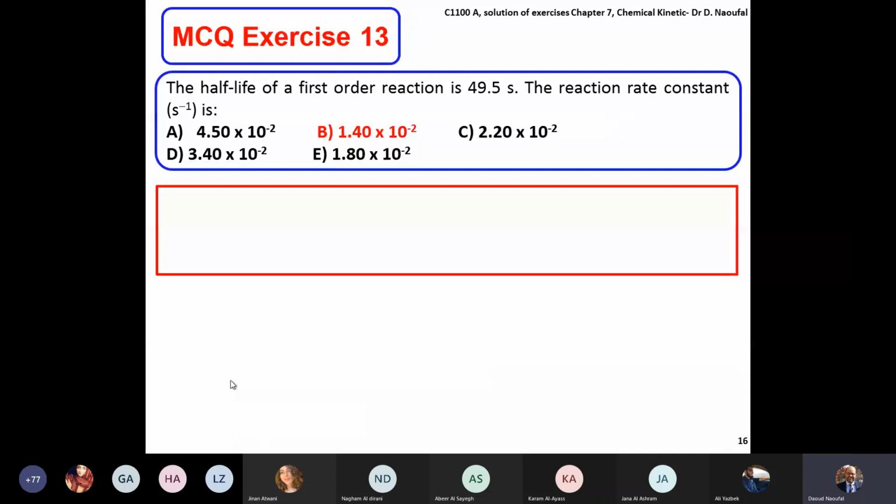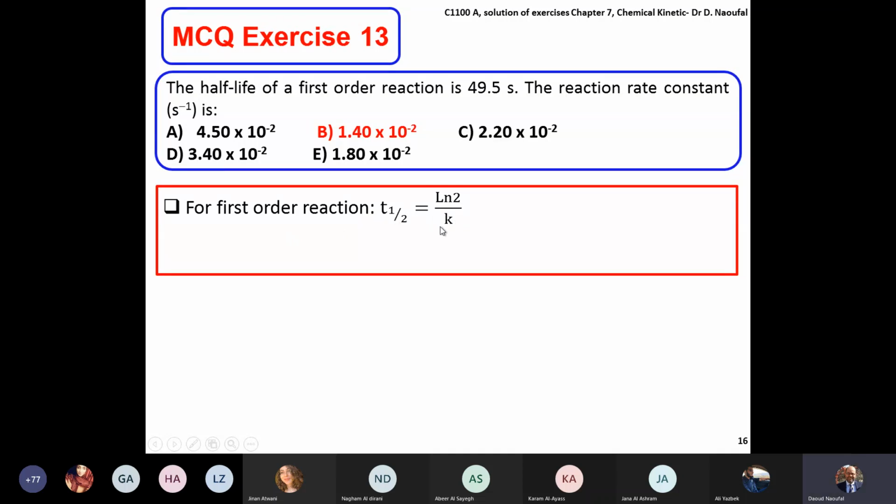Exercise MCQ 12. The half-life of a first-order reaction is 49.5 seconds. What is the rate constant? This is a very simple exercise. We solved the same type previously. For a reaction of order 1, t-half is independent of the initial concentration, and t-half equals ln 2 over k.